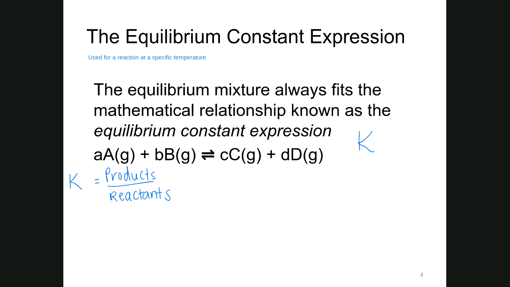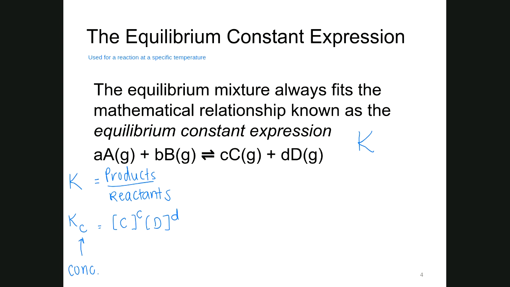To be more specific, we can break K down into two different types. We can have something called Kc, where the C stands for concentration. The way we write that is we take the concentration of the products, so concentration of C times the concentration of D, and we raise those concentrations to their stoichiometric coefficients. So C is going to be raised to little c, and D is going to be raised to little d.